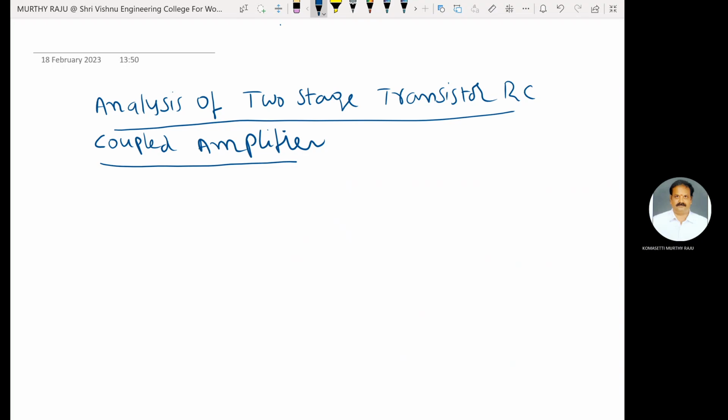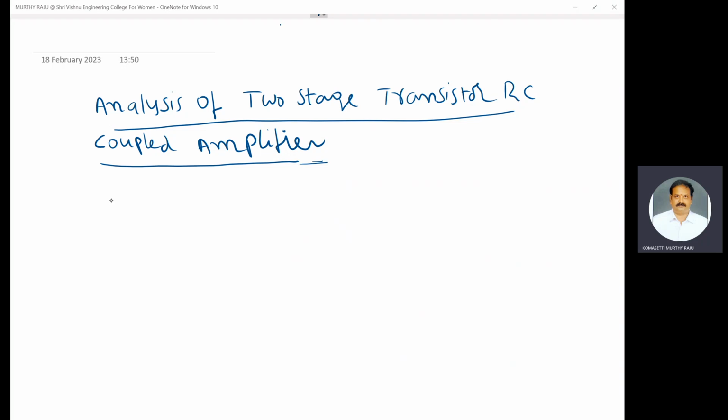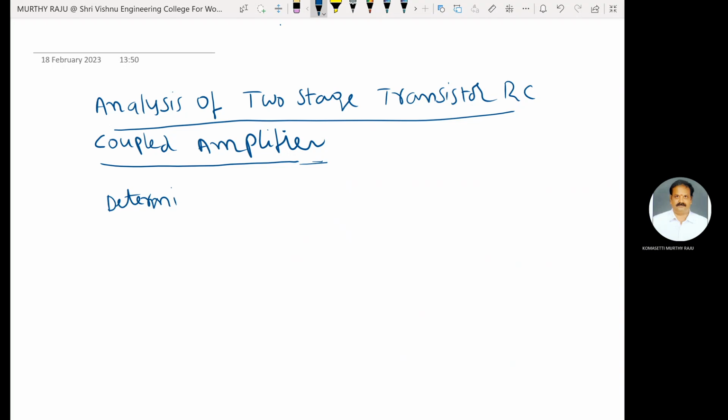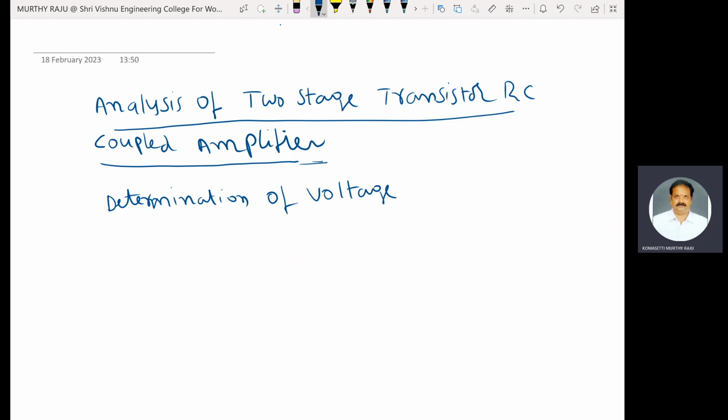That means determination of voltage gain for the mid-frequency range. In that analysis, we determine the voltage gain in the mid-frequency range.